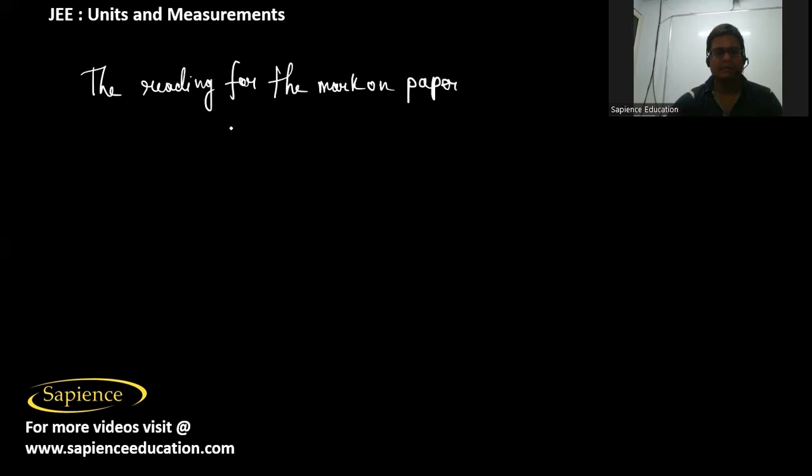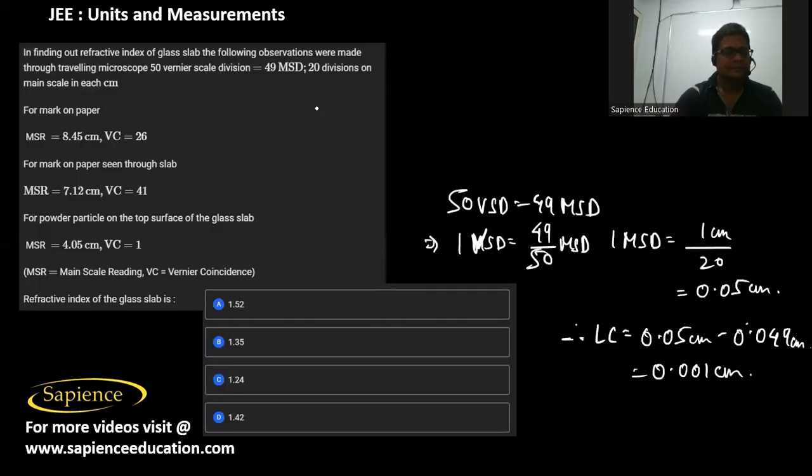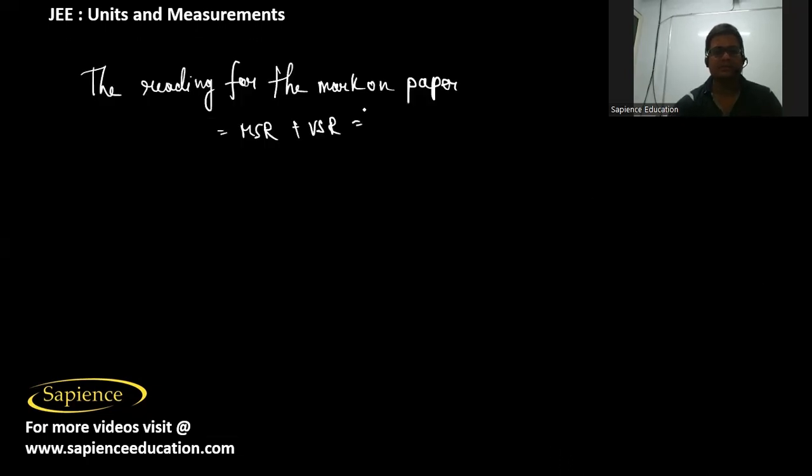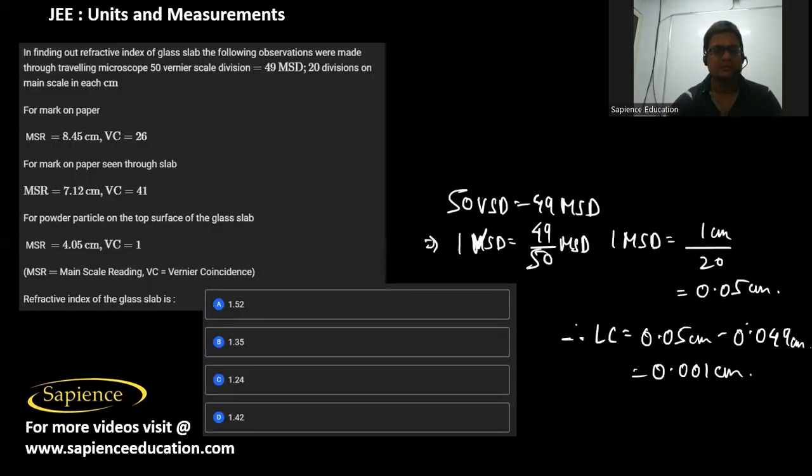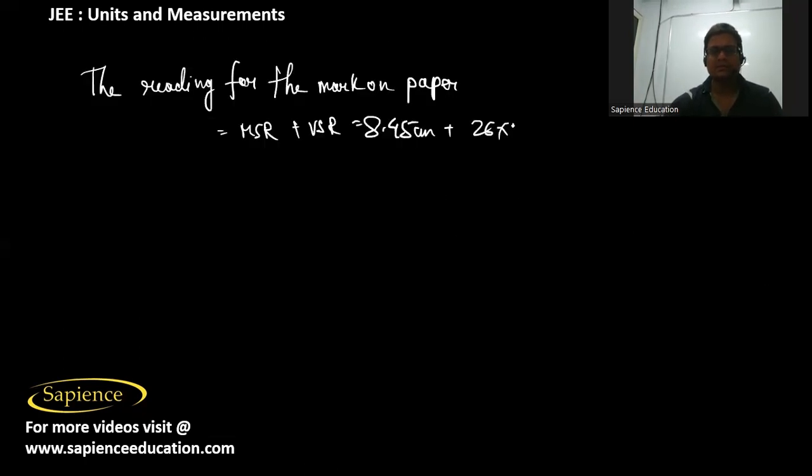the reading for the mark on the paper will be equal to the main scale reading plus the vernier scale reading. VC is the vernier coincidence. So it is 8.45 centimeter plus the vernier coincidence, which is 26, into the least count, that is 0.001 centimeter.